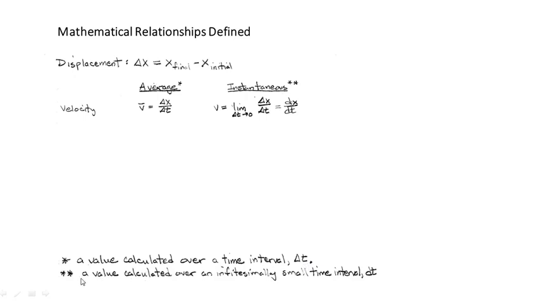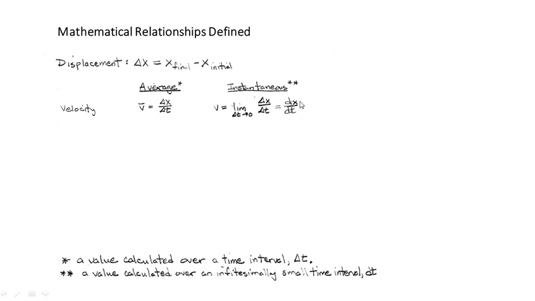For instantaneous values, we're talking about a value calculated over an infinitesimally small time interval, known in calculus as dt. The average velocity is the displacement divided by the elapsed time.